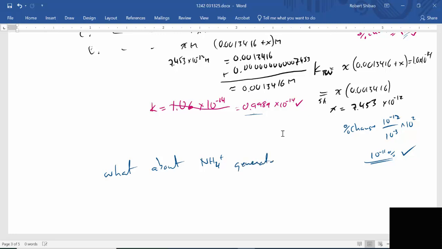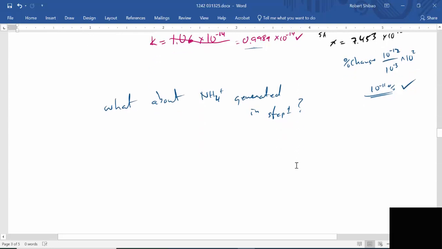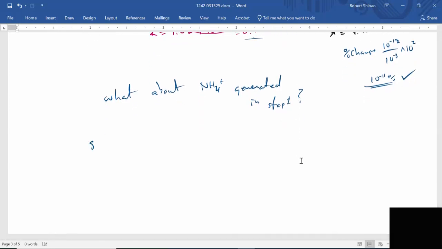What about ammonium generated in step 1? Should I do Ka for ammonium?